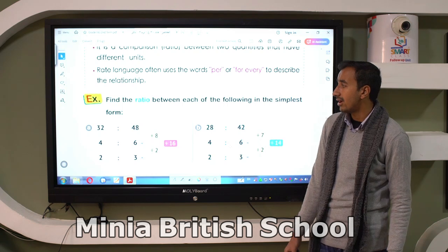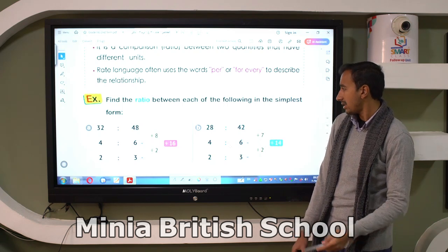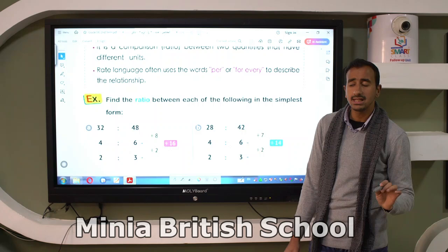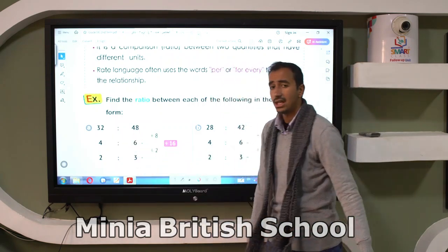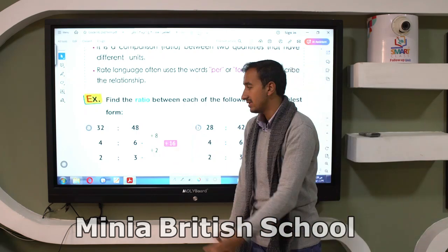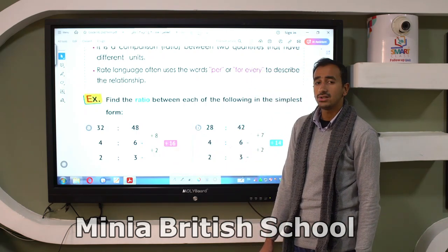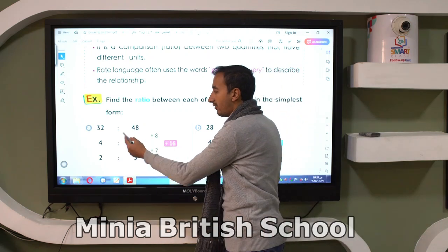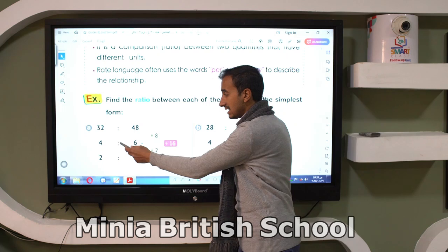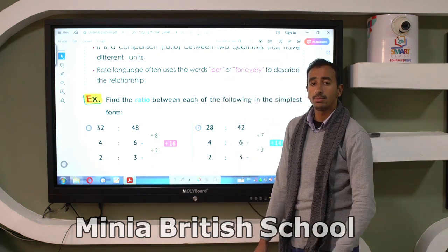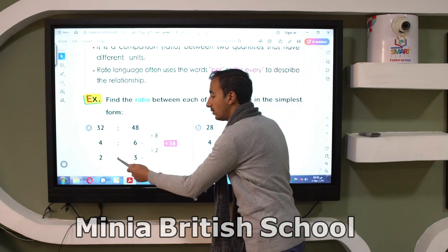For example, find the ratio for each of the following in the simplest form. We have 32 to 48. These two numbers can be divided by 8. 32 divided by 8 is 4, 48 divided by 8 is 6. 4 to 6 can also be divided by 2, so it becomes 2 to 3.